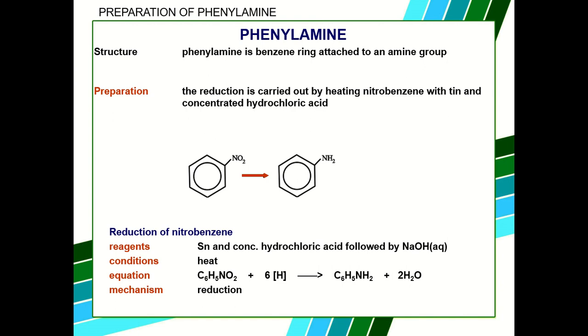Just now we were talking about how to prepare amines without benzene. Now this slide is focusing on the preparation of phenylamine. Phenylamine means the amine group, the NH2, is directly bonded to a benzene. So the structure will look like this: benzene and NH2.